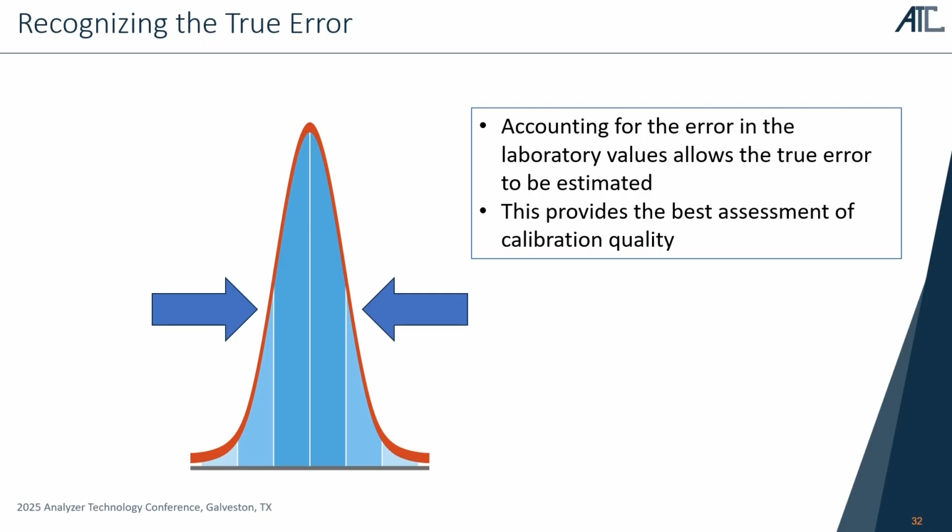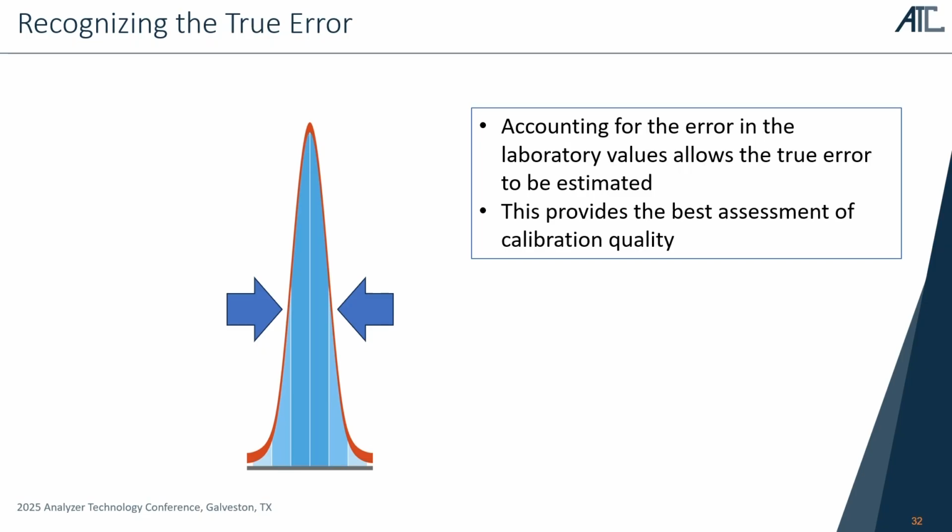So by accounting for the error in the laboratory values, you can estimate the true error in your measurement. And you can use that to move closer to what your diagnostic is, what you're trying to do with your data. So the idea is to reduce giveaway in this. And it does provide you with the best possible assessment of the calibration quality. So we've shrunk it now further.